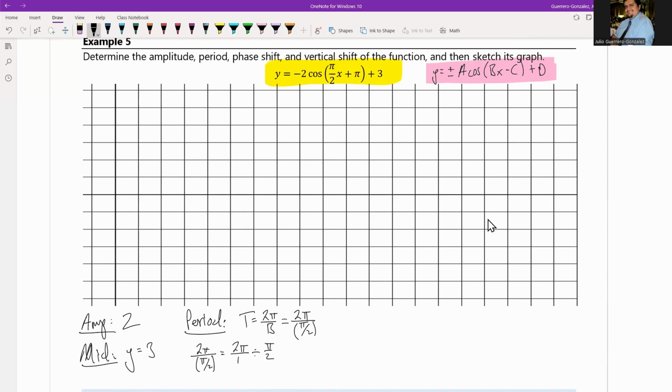If you recall what to do here, I can flip the second one and make it into a multiplication. So 2π over 1 times 2 over π. The π's cancel, and it's just going to be 2 times 2. This is going to be equal to 4.